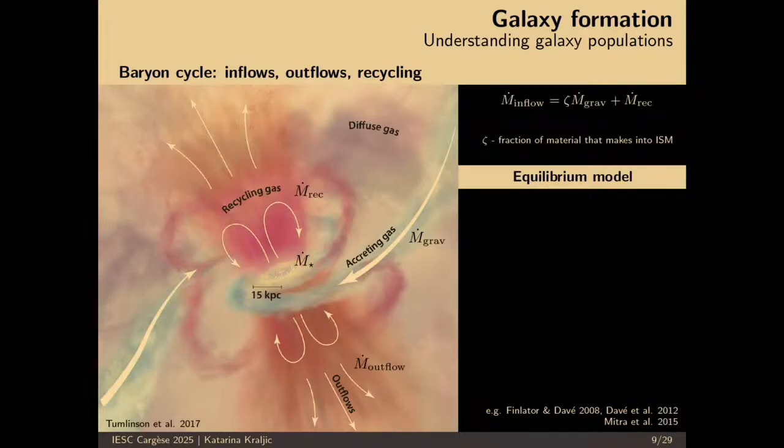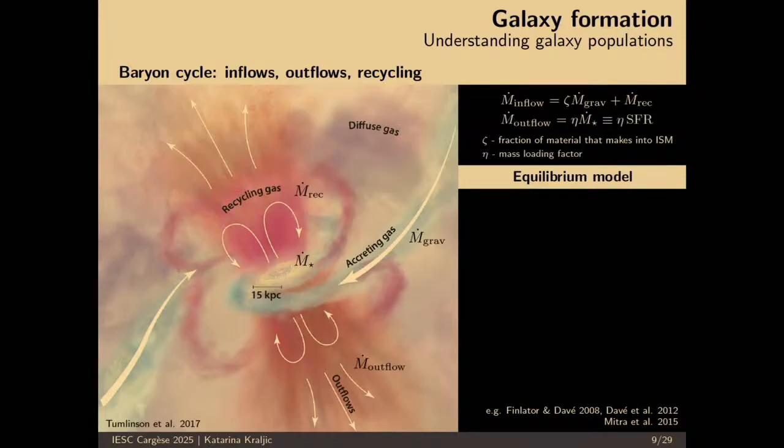But not all the gas that arrives at the boundary of the halo will make it down to the galaxy. So we introduce a parameter zeta that tells you what fraction of that gas makes it down to the galaxy. Then you have another inflowing material, which is material that was expelled previously and is now coming back, this recycling of the material. So this will be our inflow.